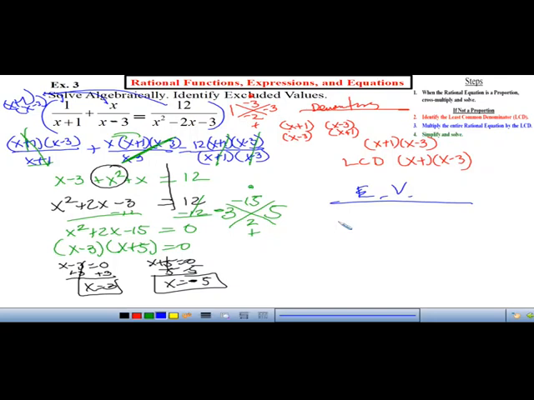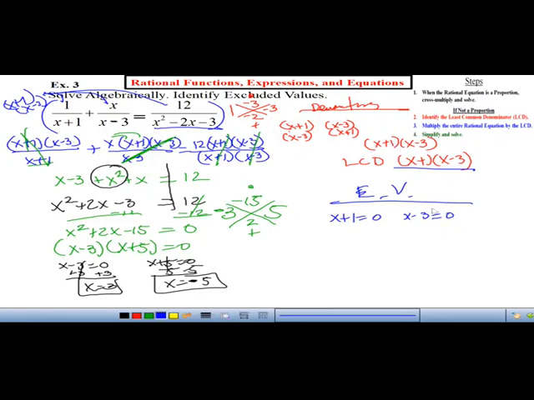Miles, go. X plus 1 equals 0. X minus 3 equals 0. And the other one is the same, aren't they? x to the second plus 2x minus 3. Isn't that also? Oh, yeah.